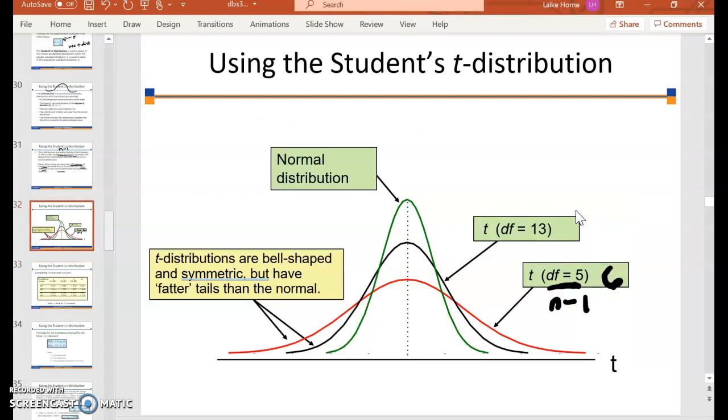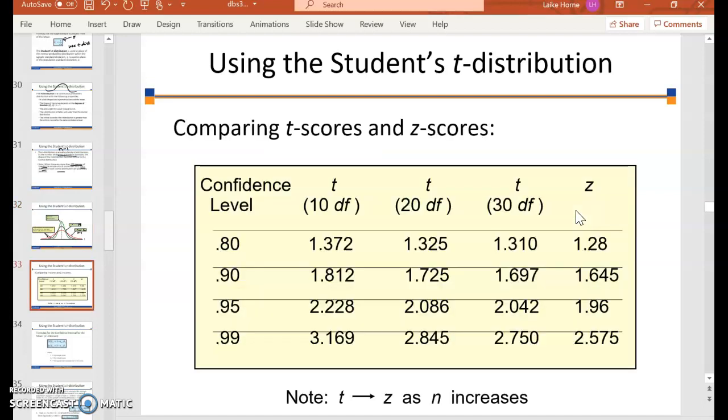And the sample size for the black line is 14. So as the sample size gets bigger for the t, it is getting closer to a normal distribution. You can see that the t-distribution is bell-shaped and symmetric, but it has fatter tails than normal. They're wider, okay?